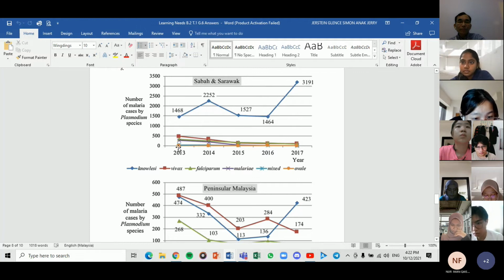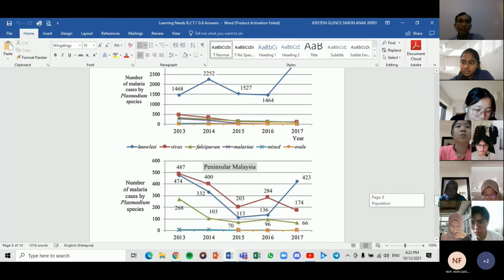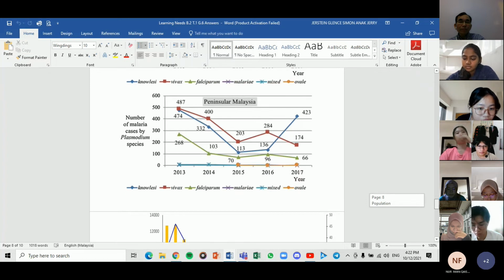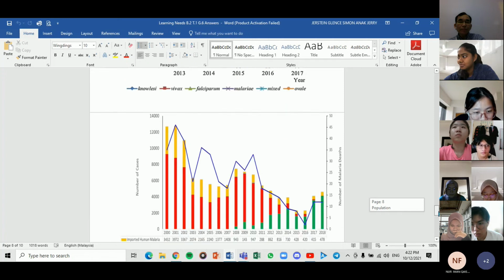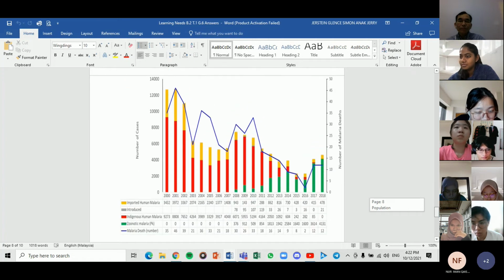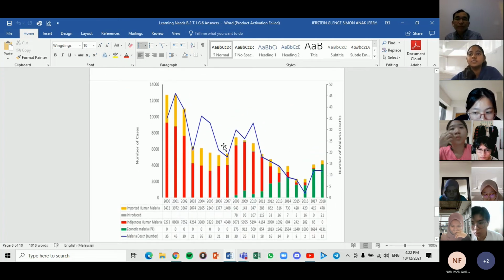And the orange one is Ovale. And this is for Peninsular Malaysia. Again, they are classified by colors as well. And this is for the whole of Malaysia. That's all I have to share.